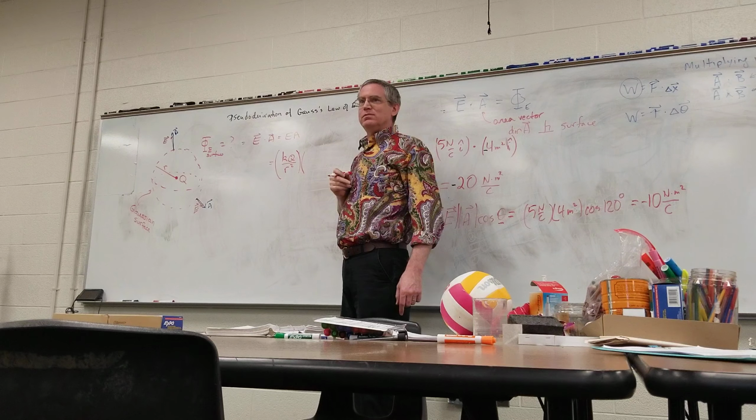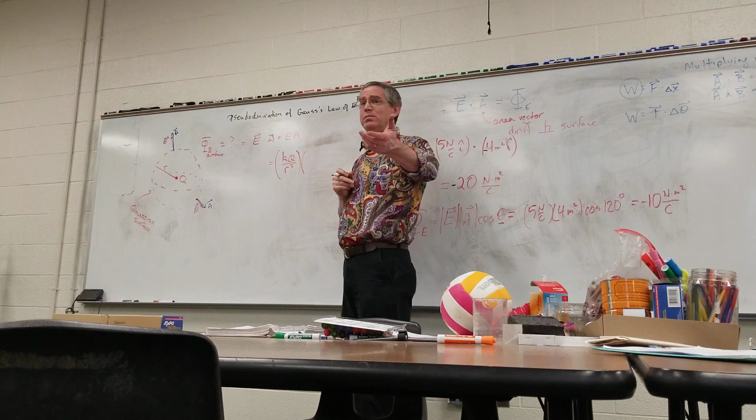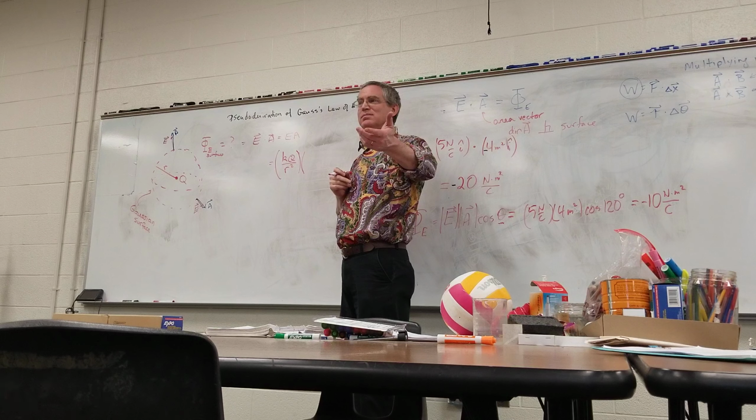For those who've had calculus, take the derivative with respect to r. 4/3 pi r cubed is the volume. Take the derivative with respect to r and you get 4 pi r squared.